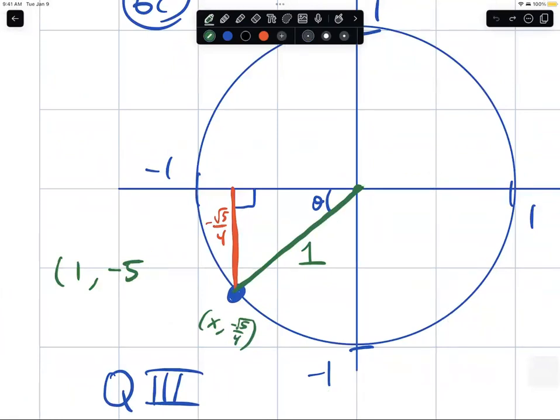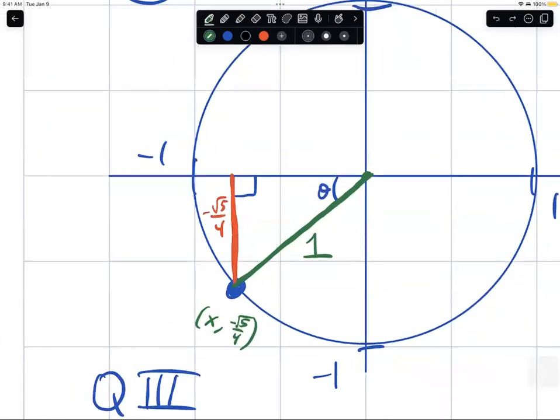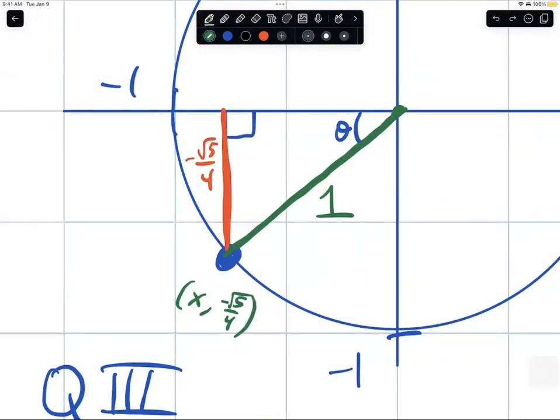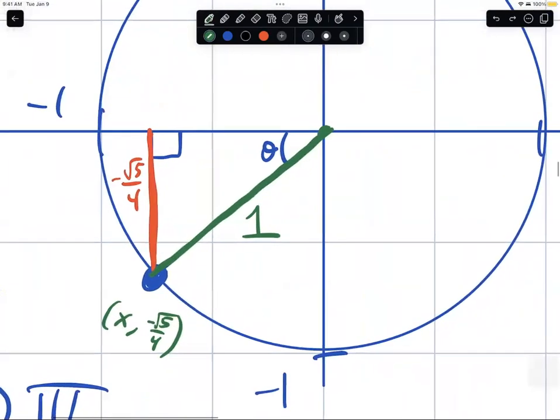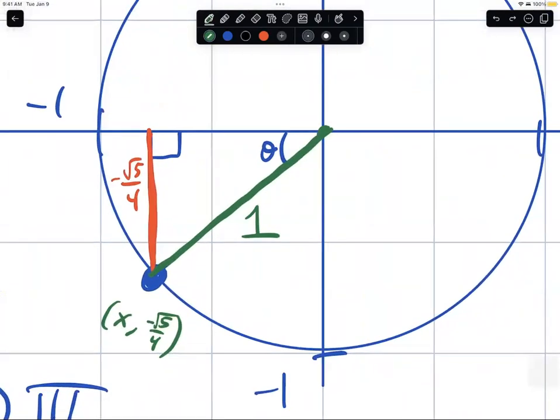And so to plot x comma negative square root of 5 over 4, and we're told this is in quadrant 3, we go over some x number of units, and then down square root of 5 over 4 units. And so that's how I know that the opposite side length, the one that's going down, is square root of 5 over 4 in length.